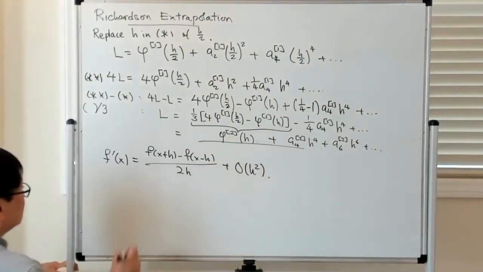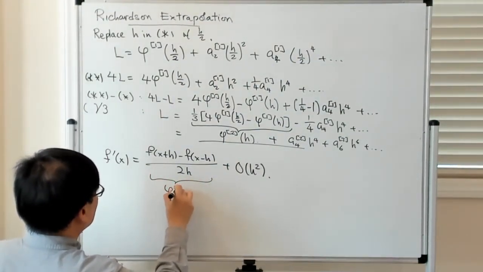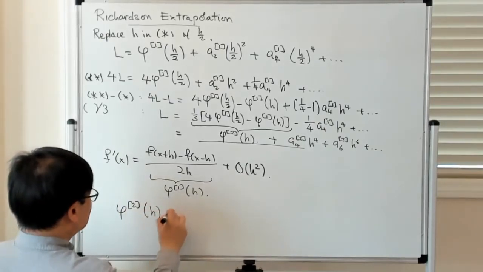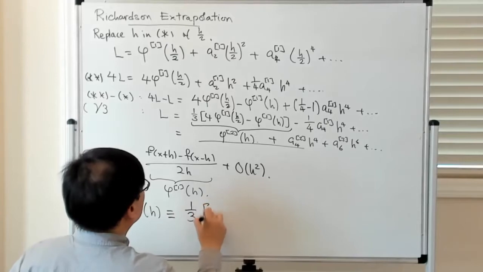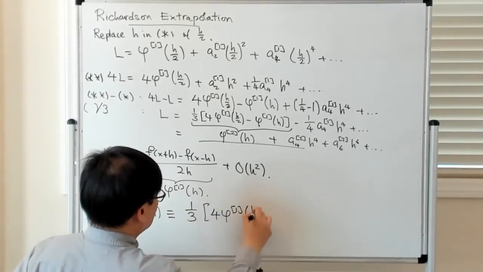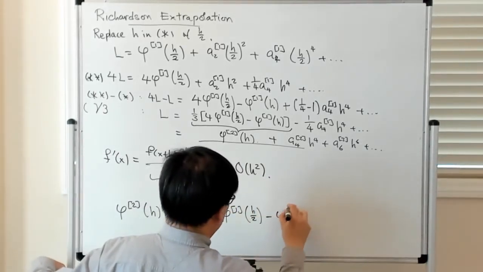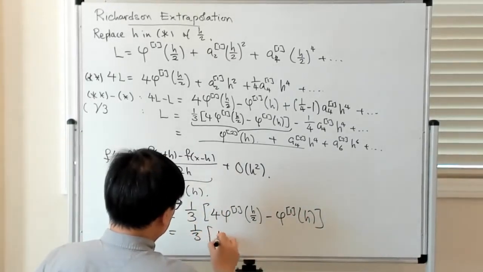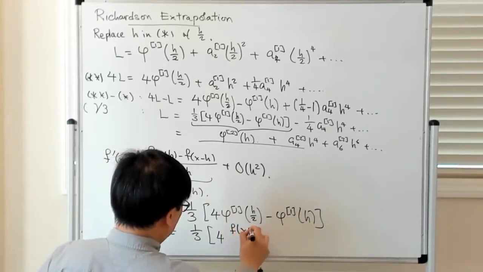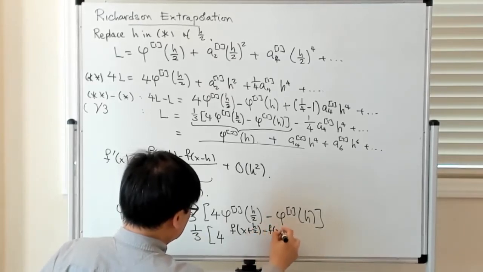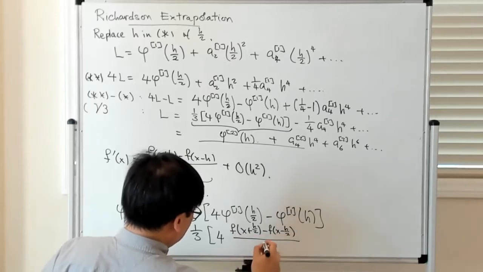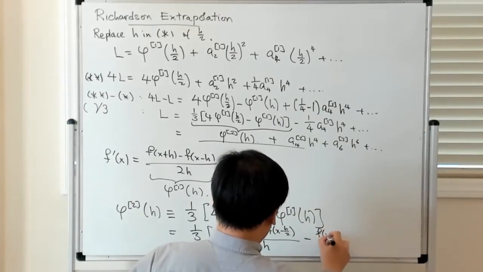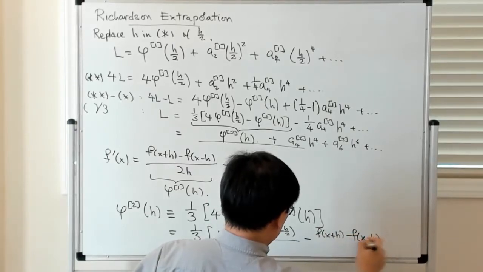If you take this second order term, defined to be 1/3 times 4 phi 1 of h over 2 minus phi 1 of h, and expand it, that's 1/3 times 4 times f of x plus h over 2 minus f of x minus h over 2, over h, minus f of x plus h minus f of x minus h over 2h.